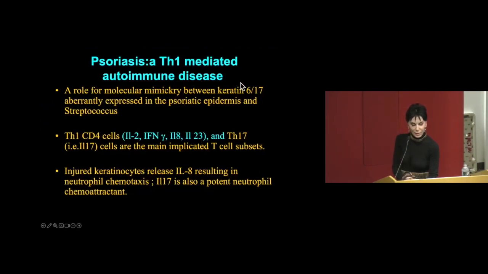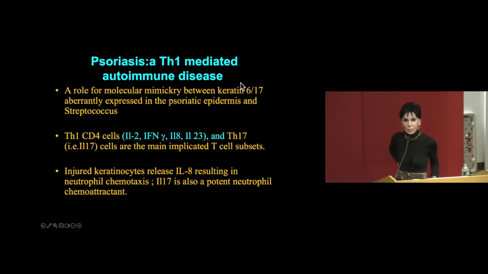So there probably is a role for molecular mimicry between certain keratins that are aberrantly expressed in the epidermis and an infection, specifically streptococcus. So when you look at guttate psoriasis, which is that eruptive form of psoriasis, it is typically temporally associated with streptococcal exposure.